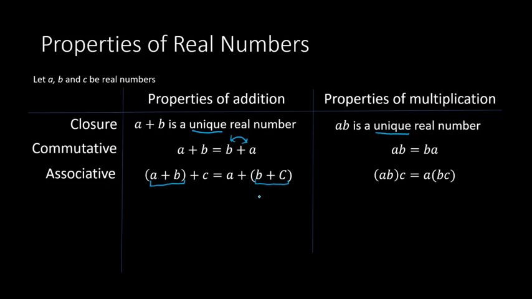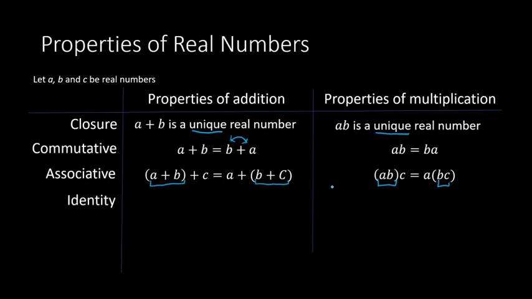With multiplication, same thing. If you have 3 numbers multiplied together, it doesn't matter if you do the first 2 numbers multiplied first, or the last 2 numbers multiplied first. The grouping does not matter. All right, so that's your associative property.